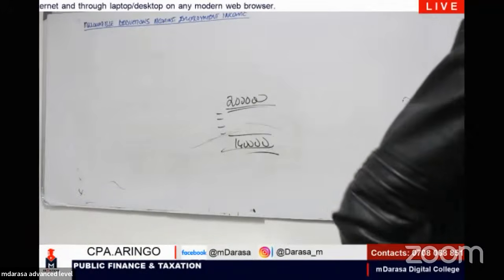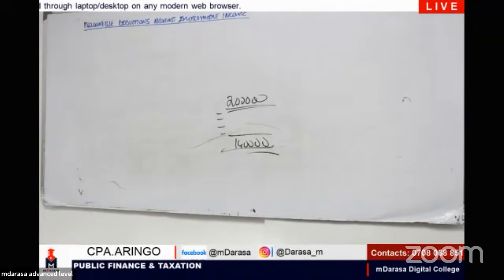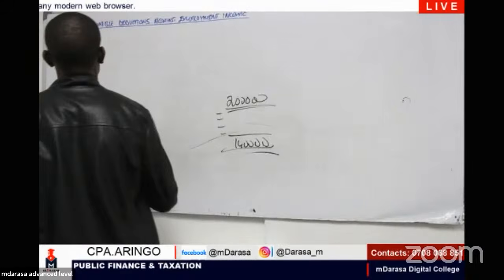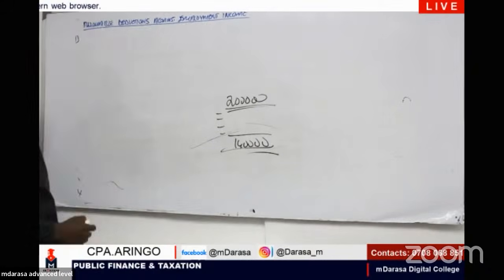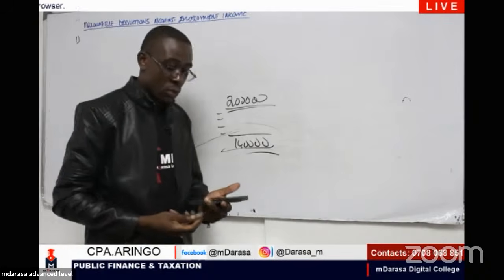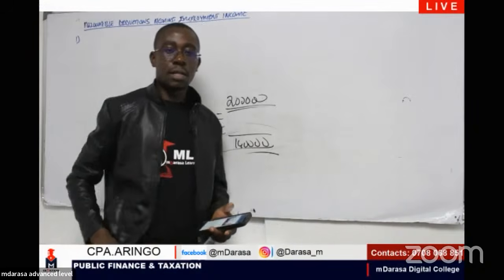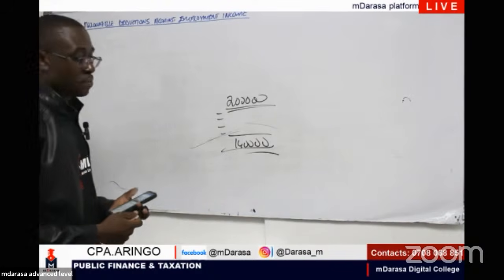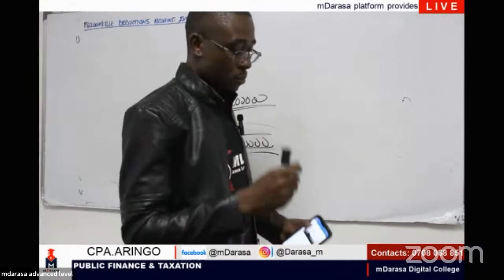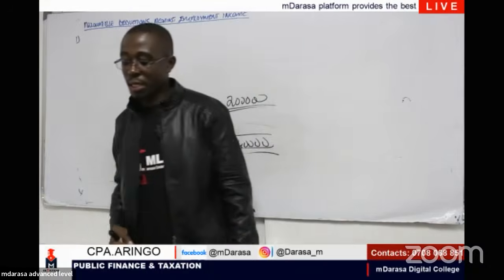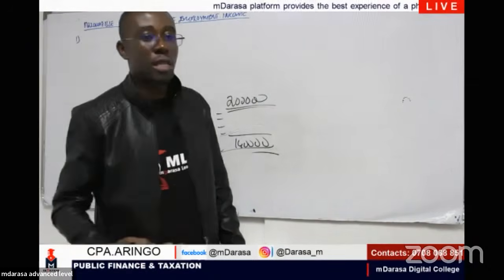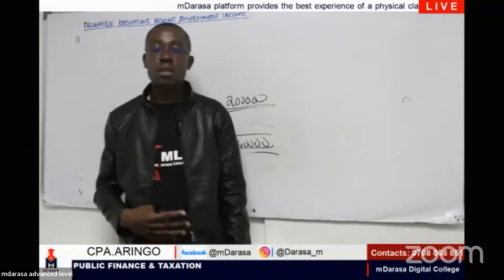Number one, subscriptions to professional associations, such as ISPAC. Being a member of ISPAC, there's an amount I normally pay as a subscription fee annually.